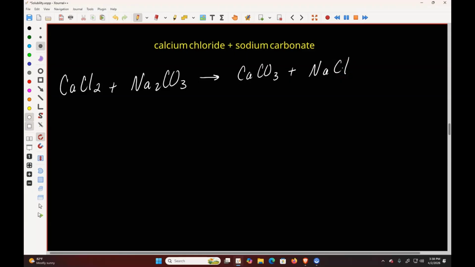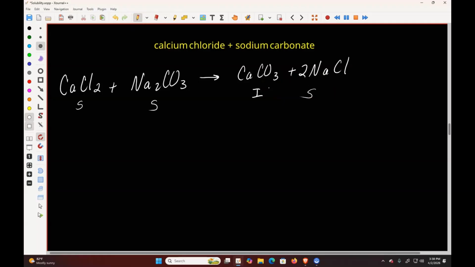Now let's balance this. I know that all chlorides are soluble except for silver, mercury, and lead, so this is soluble. This has a group 1, so I know it's soluble. This one is insoluble because carbonates are generally not soluble. And this one is soluble.